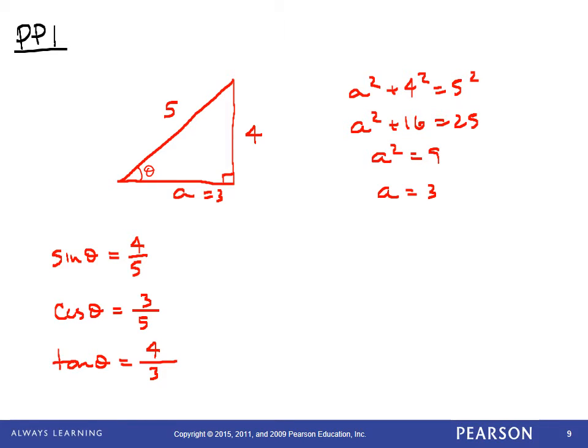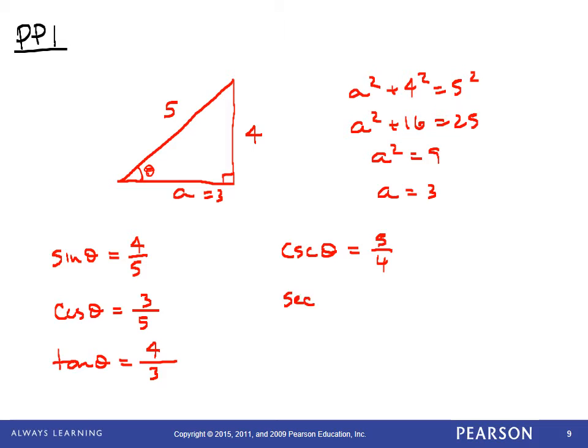Label that theta here just to make sure we got it. All right, cosecant theta is the reciprocal of sine, so by definition it's hypotenuse over opposite.